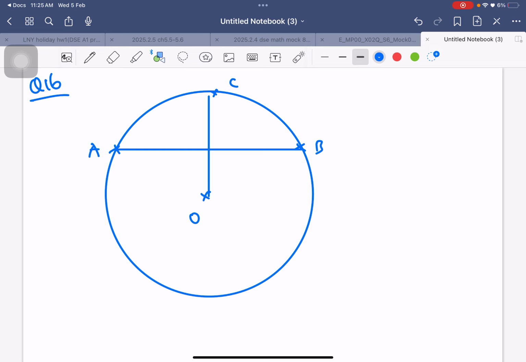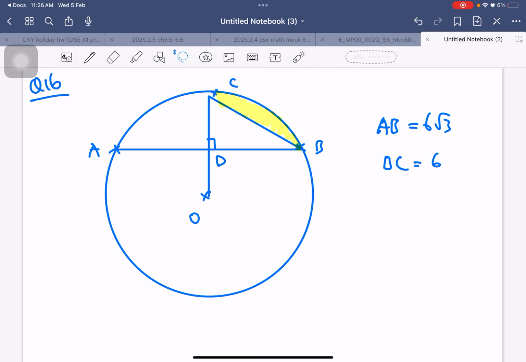And then it intersects at D, and CD is perpendicular to AB. So if AB is equal to 6 square root of 3, and BC is equal to 6, how are we going to find the perimeter of the shaded area?